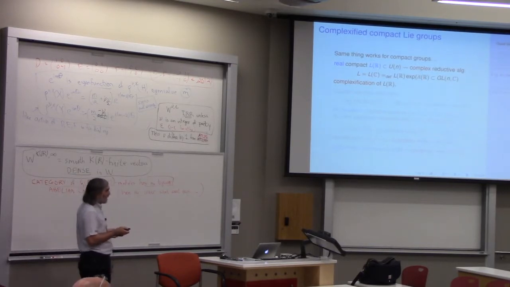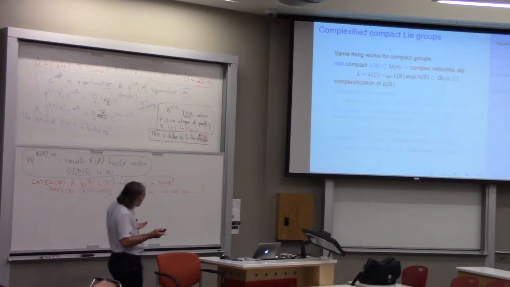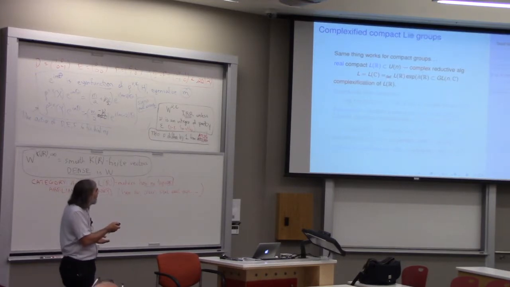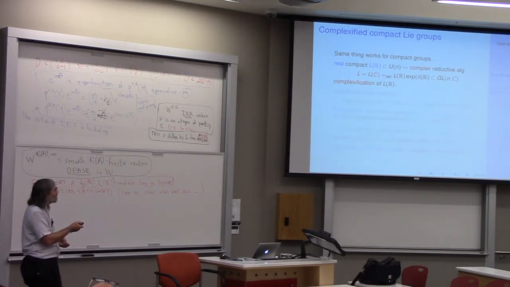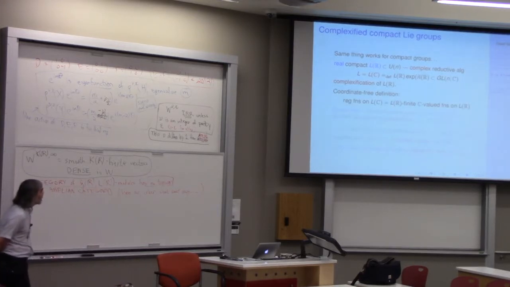So i times L of R consists of Hermitian matrices, which is to say symmetric from the GL N C point of view. And so this formula turns out to define a complex reductive algebraic subgroup of GL N C. And this is the complexification of the compact group.